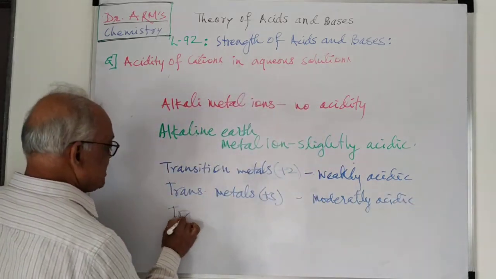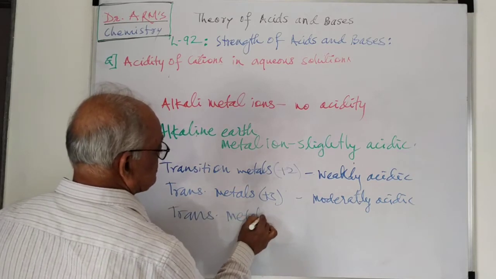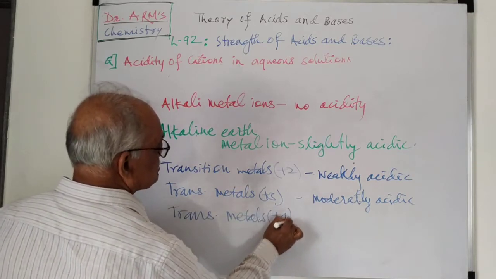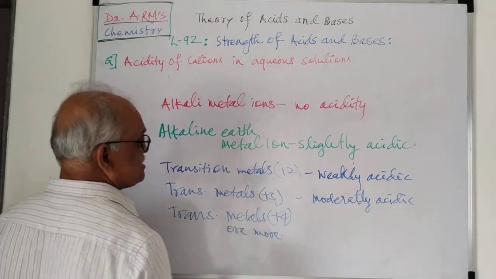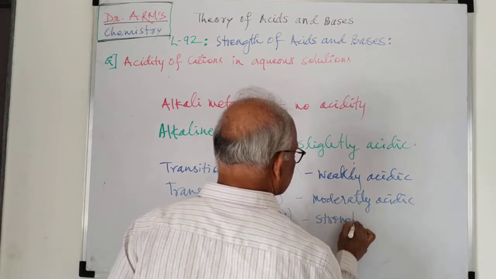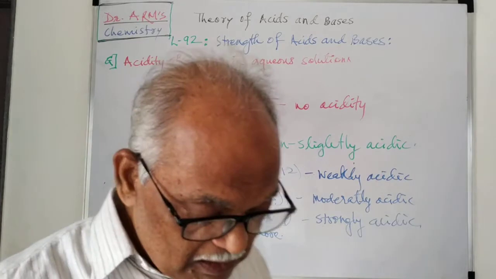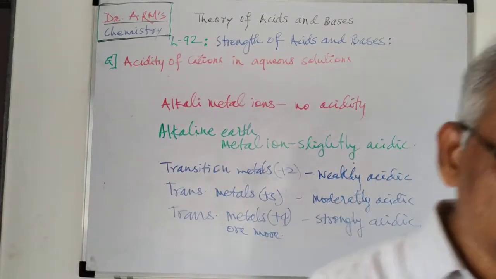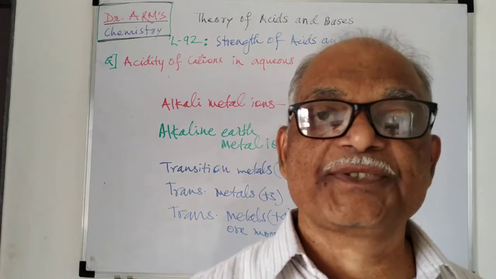And transition metals with plus 4 or more oxidation state are strongly acidic. So in this way, the acidic nature of these various metal ions is observed.